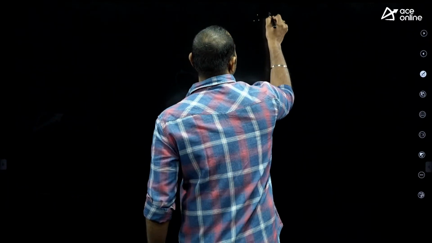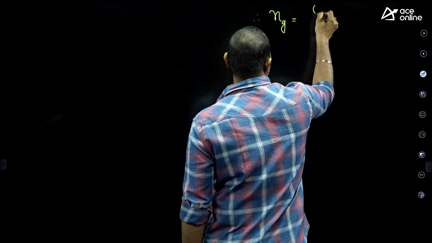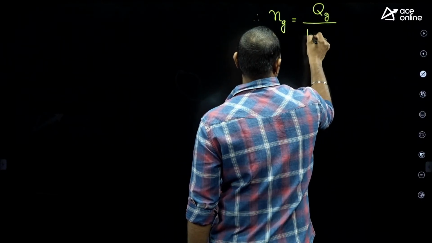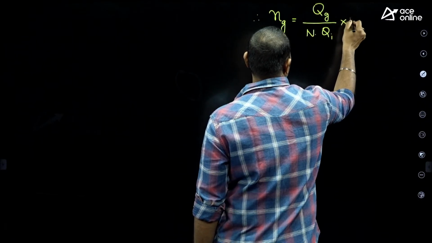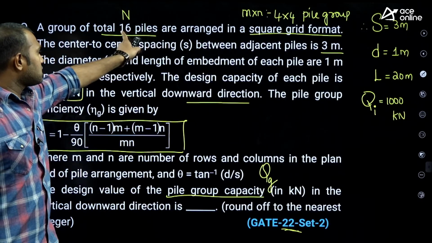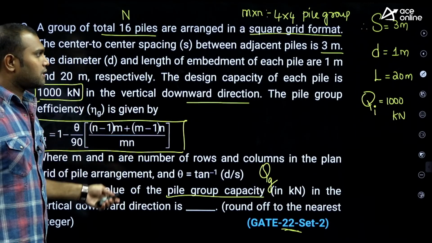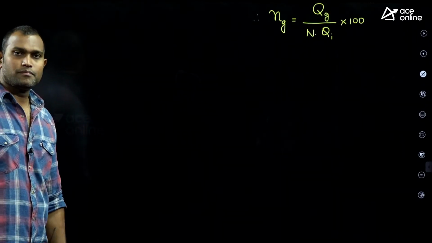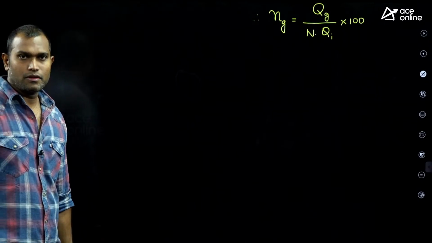What I know is, the group efficiency is Q_G by N into Q_I into 100. We have the total number of piles as 16. We have the individual capacity. But we need to find out the group capacity. How to find out the group capacity?